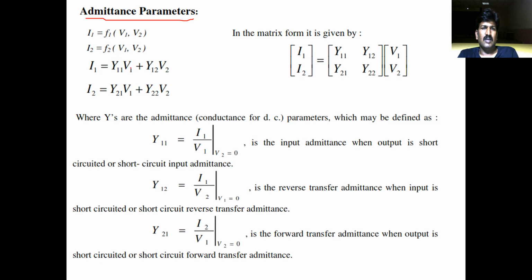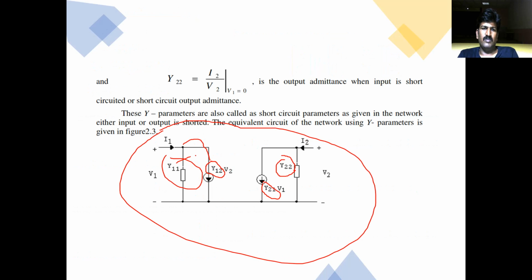This is nothing but current. These are current equations, you just have to understand. This is one current, this is one current. This is a current equivalent diagram, like this.